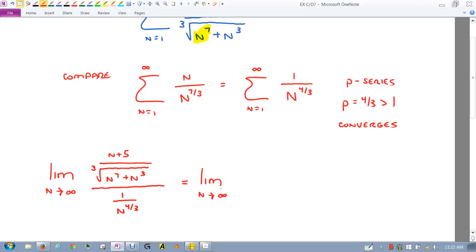Bring the n to the 4/3 up and multiply each of these by n to the 4/3. So you get n to the 7/3 plus 5n to the 4/3 over the cube root of n to the 7th plus n to the 3rd. Are y'all okay with that? Just bringing this guy up here and distributing through to those two terms.